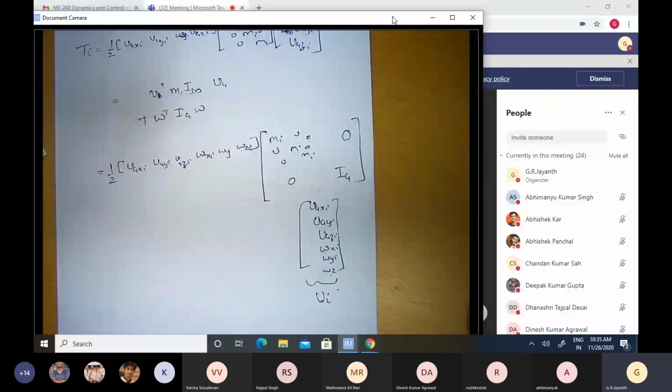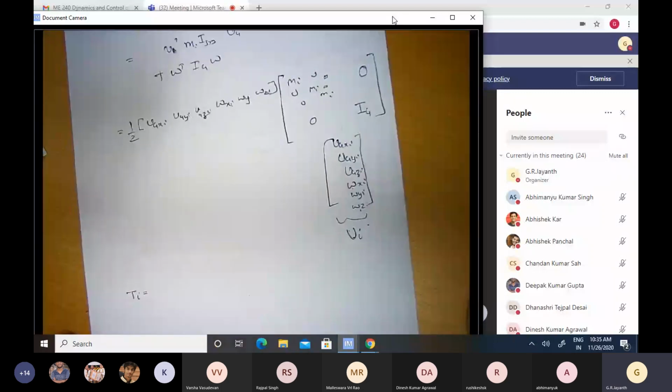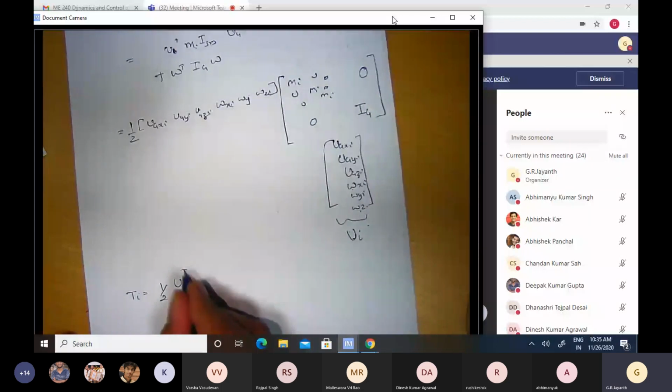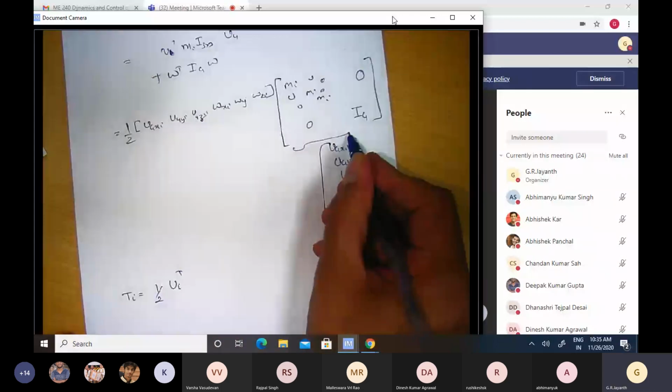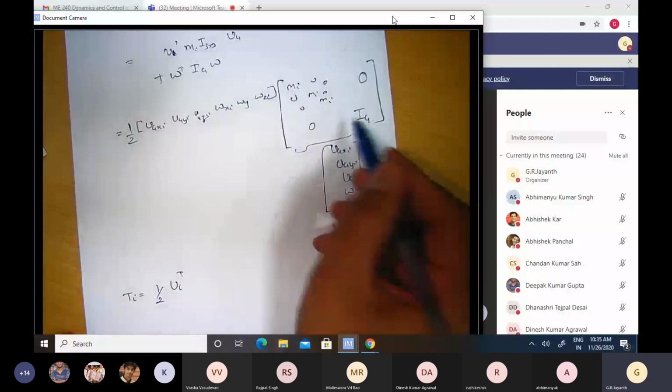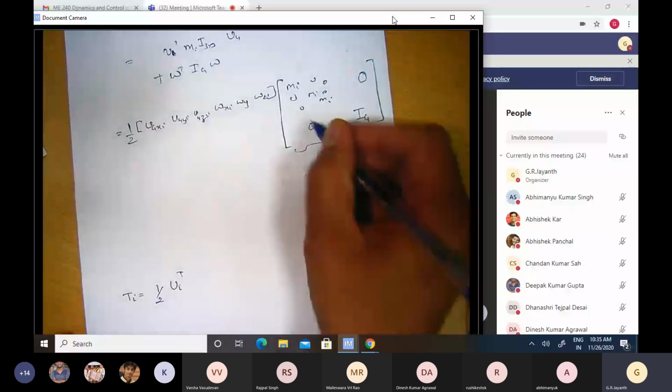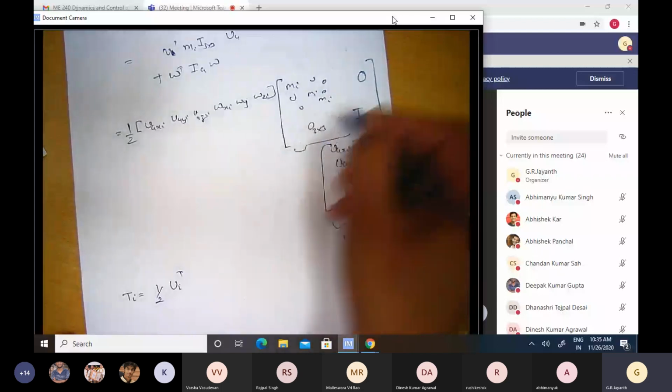And this is where the power and the generality of linear algebra comes into play. So therefore I can write the kinetic energy as half of Ui transpose, and then there is a matrix here with off diagonal entries being 3 by 3 zero matrices.